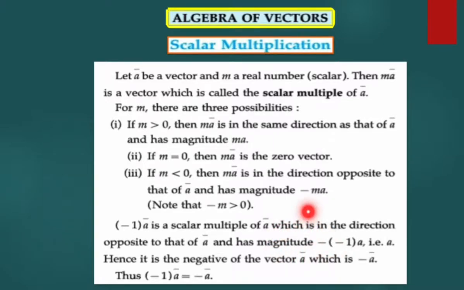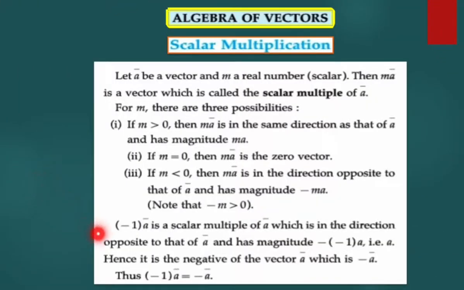This minus m is always greater than 0 because magnitude is always positive. So it is just for notation. So we write here minus m is greater than 0, that means the value is positive there.